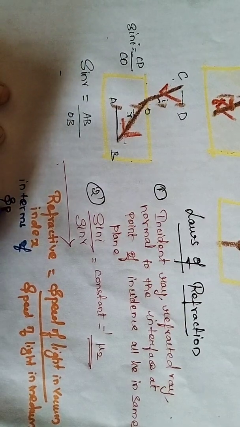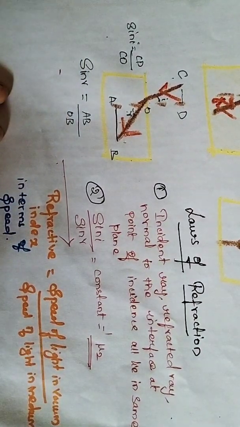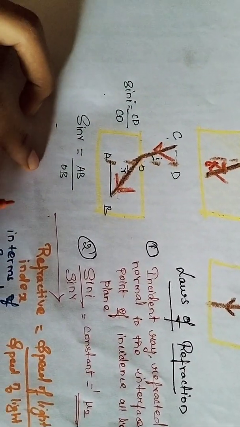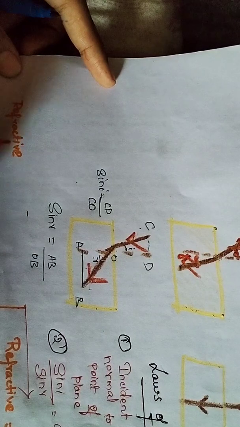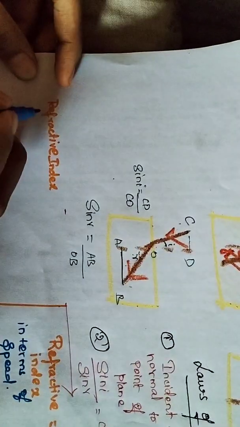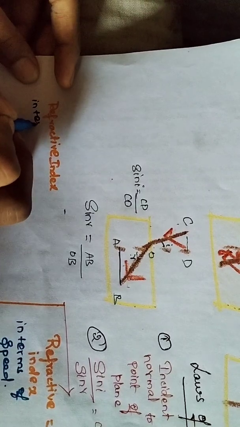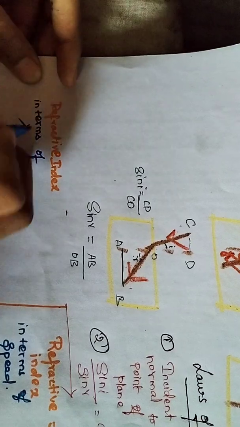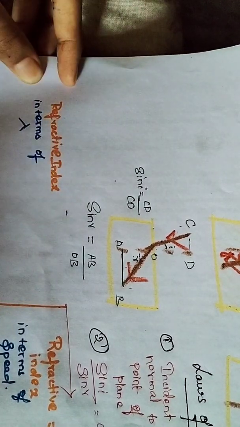Now if the refractive index is calculated in terms of wavelength, how can you write it?